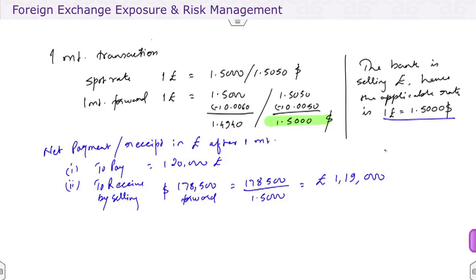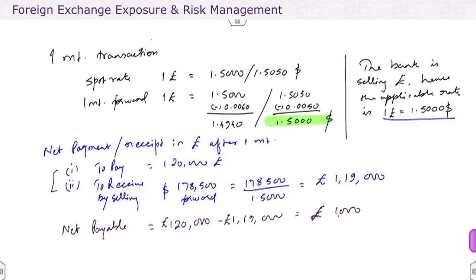So the net payable in this case would be 1 minus 2, that is 1,20,000 British pounds minus 1,19,000 British pounds, so it comes to 1 lakh.